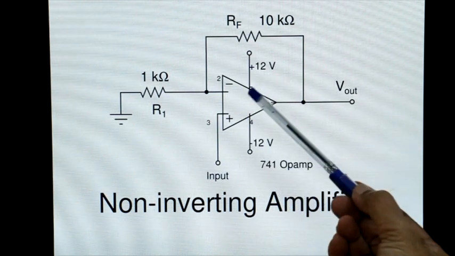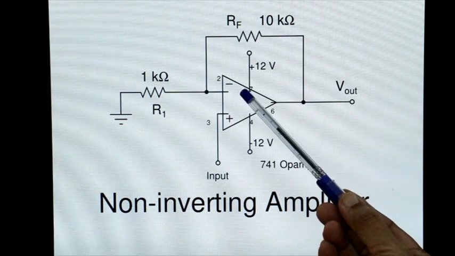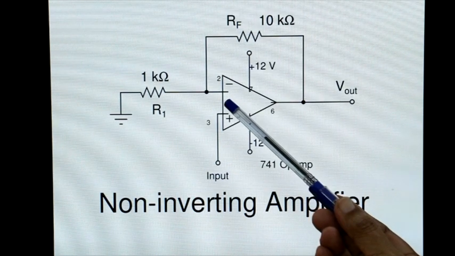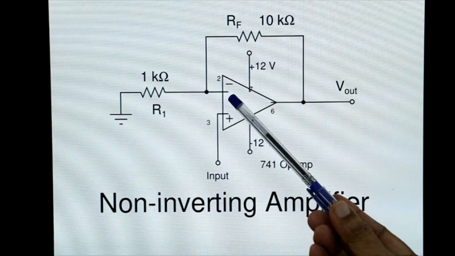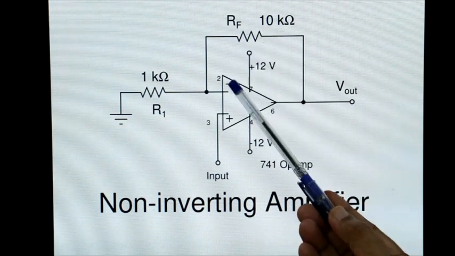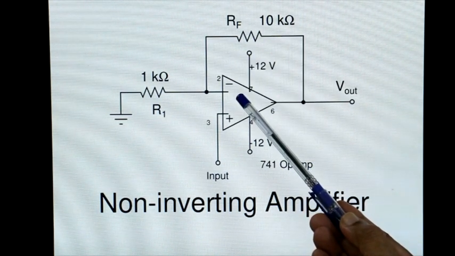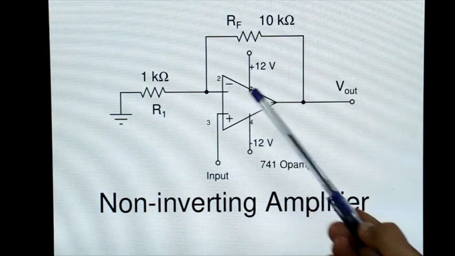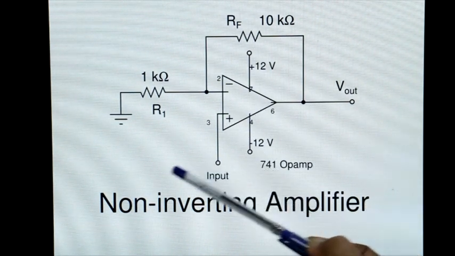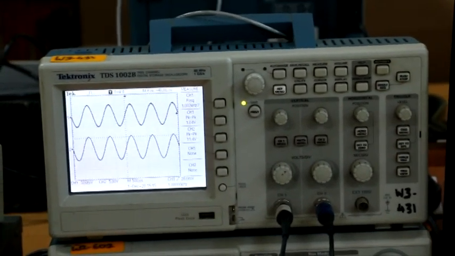Now look at the connection to the inverting input. You see that resistance R1 is now grounded on the other side, and the midpoint between RF and R1 is connected to the inverting input, just like the previous case. So this is a non-inverting amplifier, and once again, if you look at the output, two things you see.